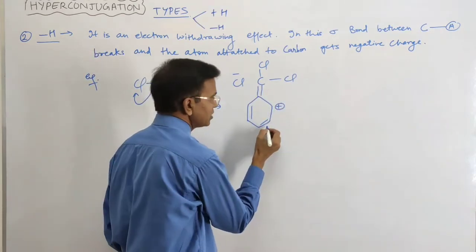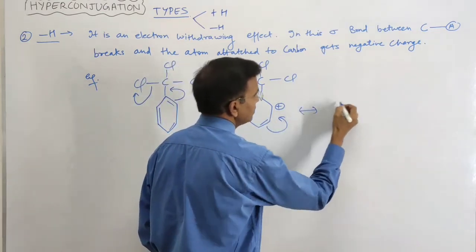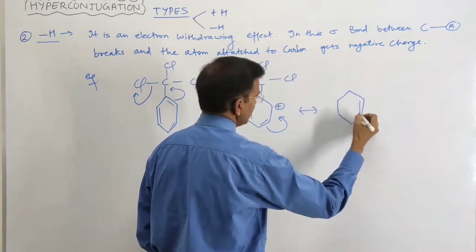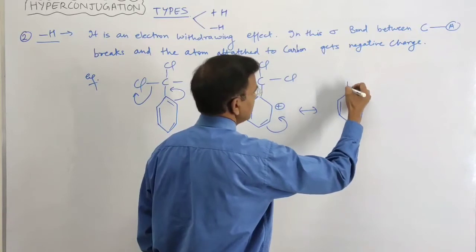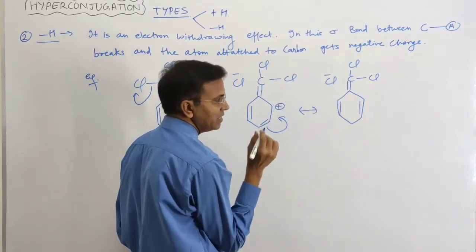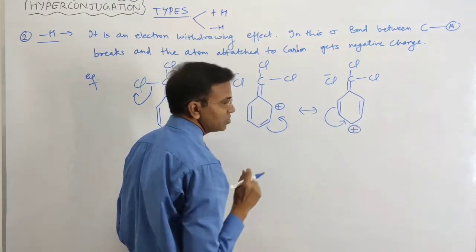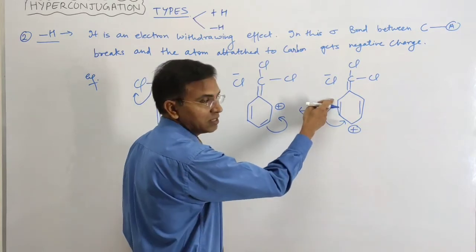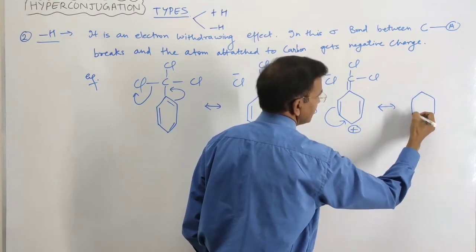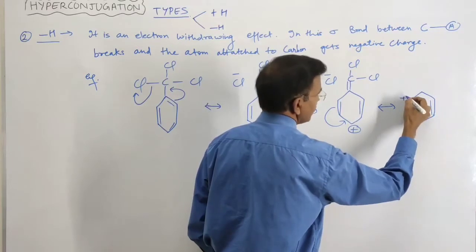Now the next resonating structure: this comes here, now positive charge on this carbon, so double bond here, double bond C, Cl, and Cl negative, positive charge on this carbon atom this time. Now again delocalization takes place and positive charge comes on this carbon. So the next resonating structure will have a double bond, and here comes the positive charge.